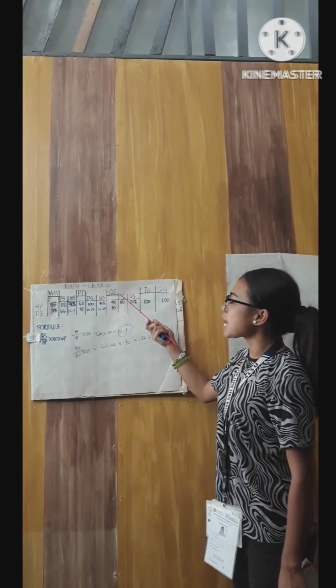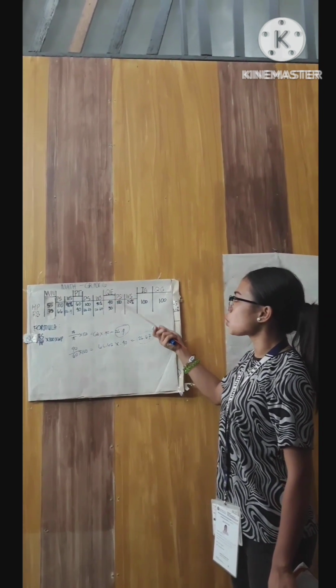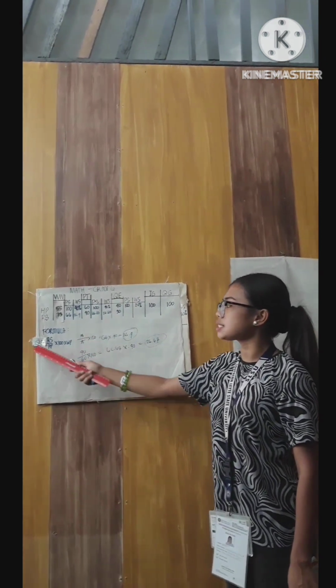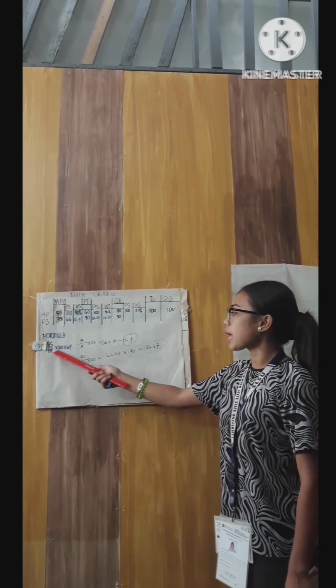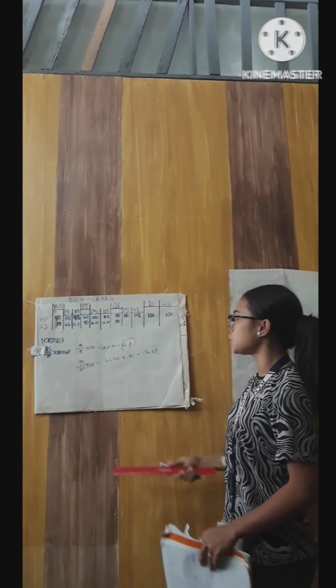For the quarterly exam, we have here 30 out of 40. To get the possible score and the weight score, we will use the same process as well, which is the quarterly exam equals raw score over highest possible score times 100 times WP, or the weight percentage.